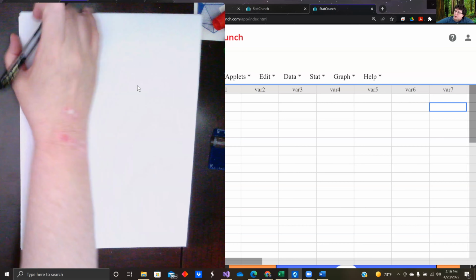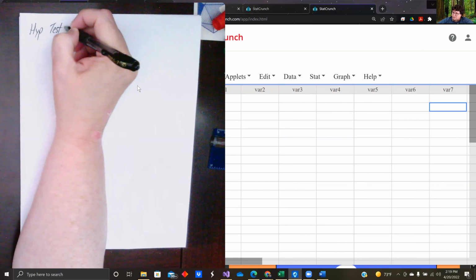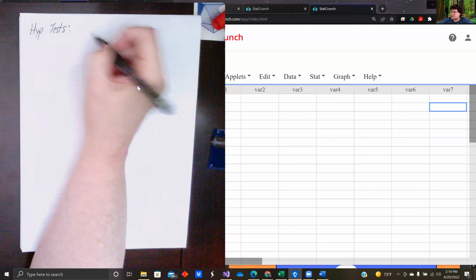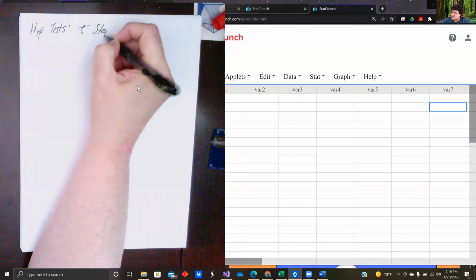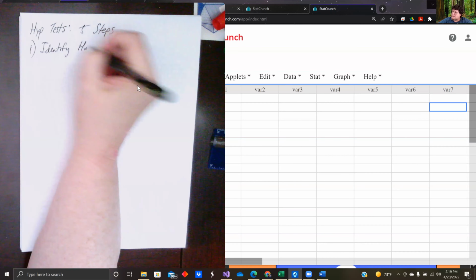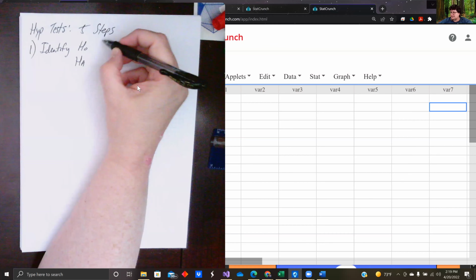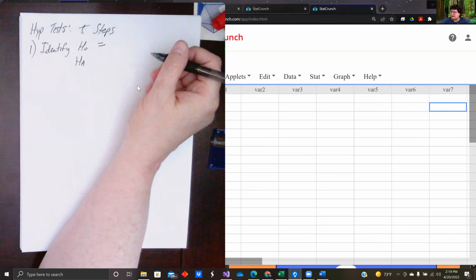To continue our quick recap, our hypothesis tests. What did we have? We had 5 steps. First step is identify H0 and HA. H0 always has a statement of equality.